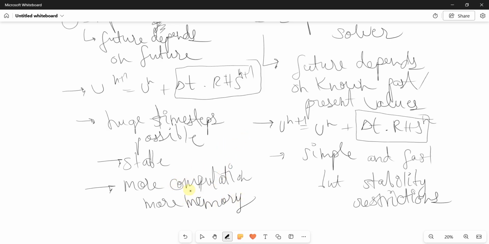So of course you need more memory because you're calculating on all the future values together, and then you're trying to figure out the present values based on that. So yeah, this is what implicit solver and explicit solver mean.